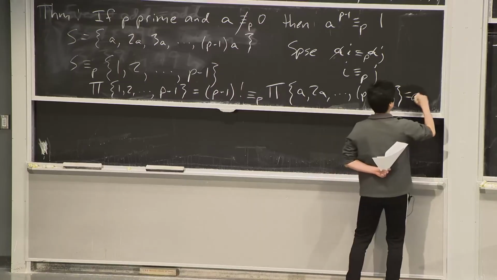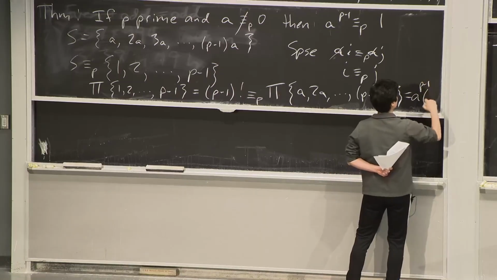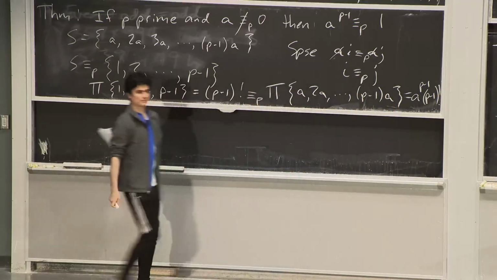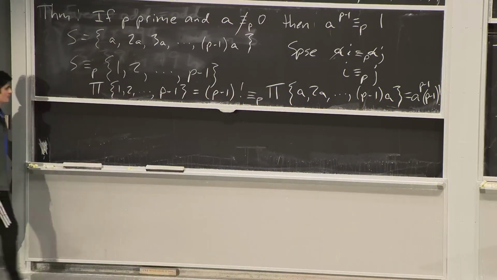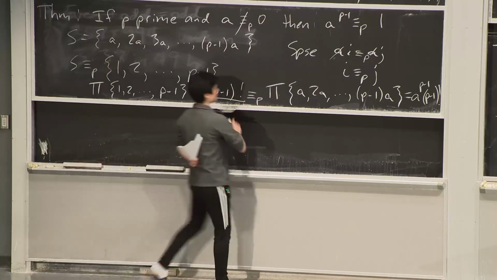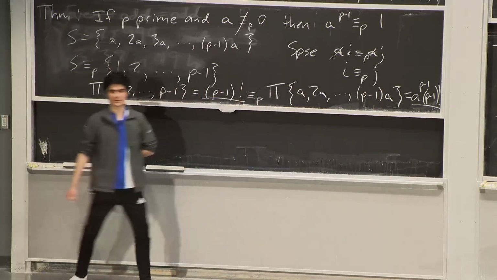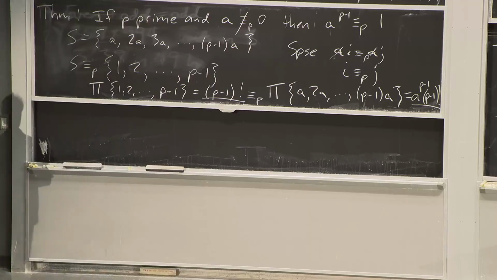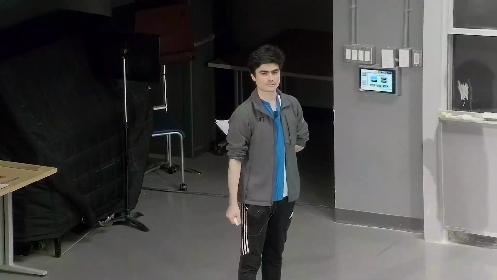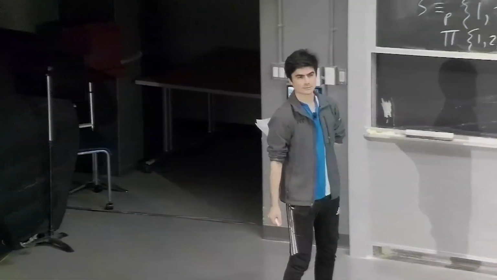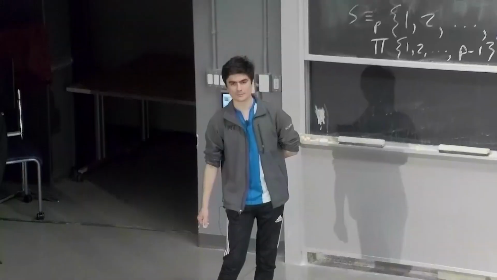So this will be a to the p minus 1 times p minus 1 factorial. So p minus 1 factorial is equivalent to p minus 1 factorial times a to the p minus 1. What does that tell us?